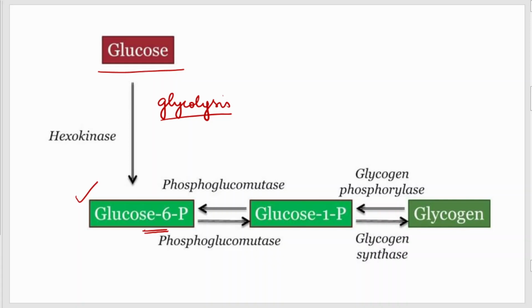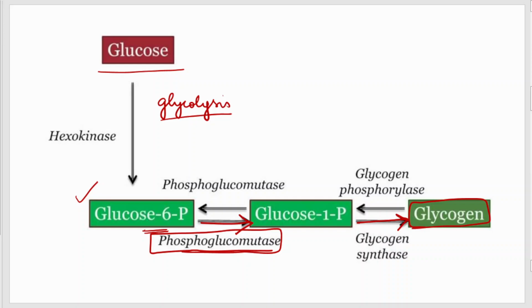One fate is that glucose 6-phosphate can be converted to glucose 1-phosphate by a phosphoglucomutase reaction, where the phosphate group alone changes its position. Now this glucose 1-phosphate can get connected together by glycogen synthase forming glycogen. So this is the glycogen synthesis reaction.